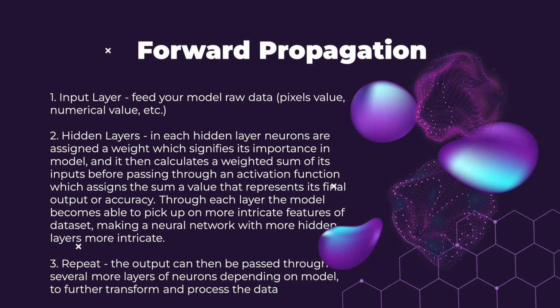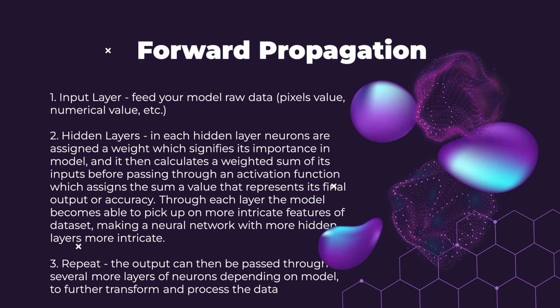Forward propagation. This is the process of putting the data into the neural network, going through the neurons, going through the hidden layers. At the input layer, you just feed your model the raw data, whether it be pixel values or numerical data, whatever you're doing. And then it goes through all these hidden layers.